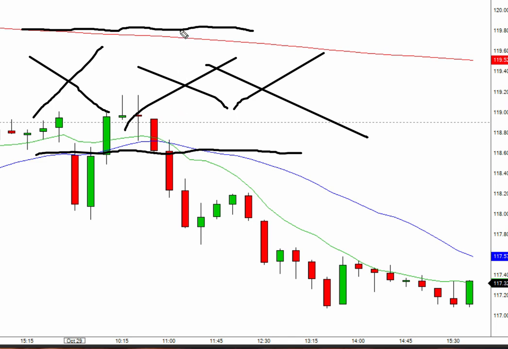We want something either that's going to pop up here or something that's going to come down here. And since we're under the 20, odds are, probability, that it's going to be a short. And sure enough, it was. You could have gone here, but you would have gotten X'd out somewhere around here. Okay? That would have cost you.